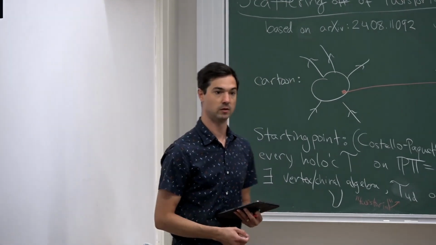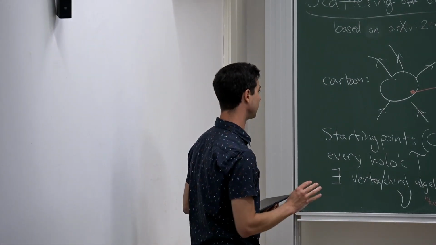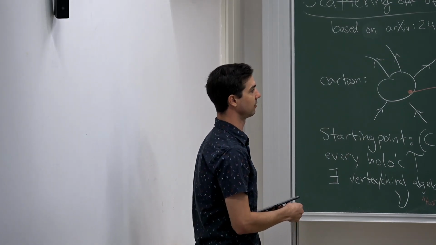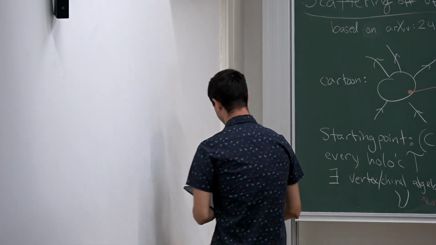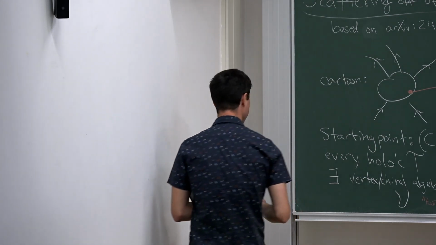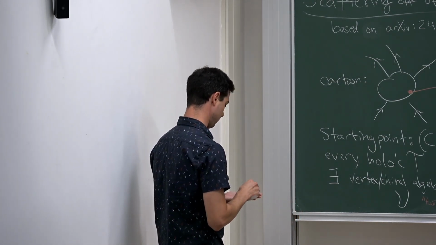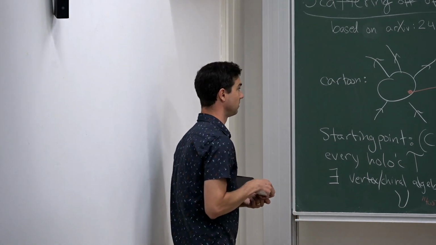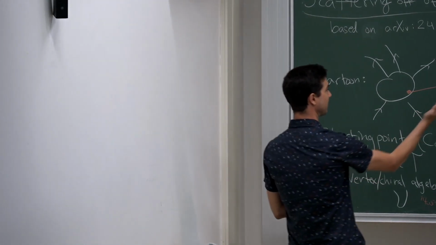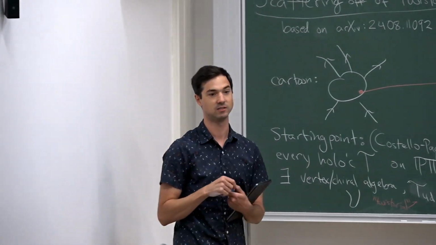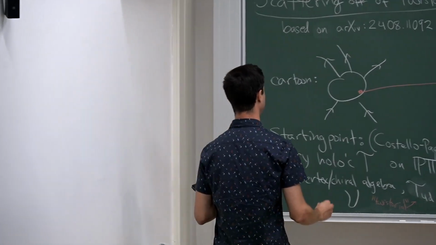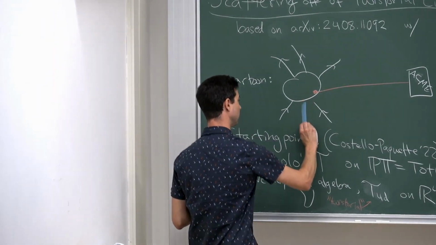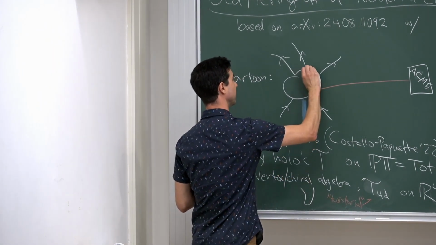And this was the program established by Natalie and Kevin using this chiral algebra bootstrap of sorts. My work with Natalie enriches this ever so slightly by not only having my Acme laser blasting my scattering problem, but I also imagine throwing some heavy particle into the mix as well.